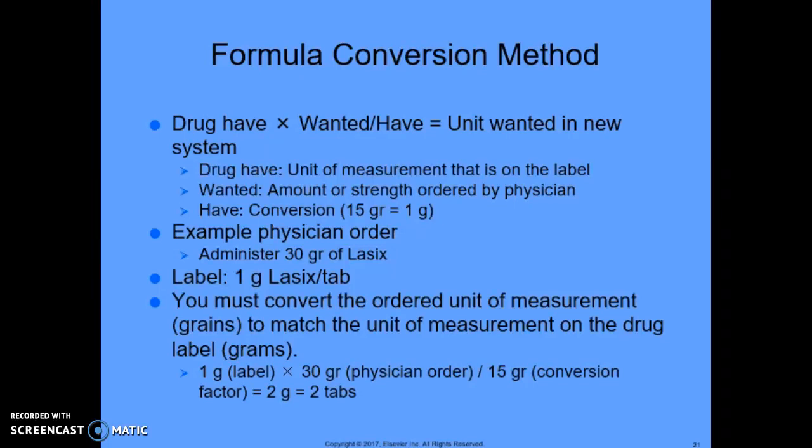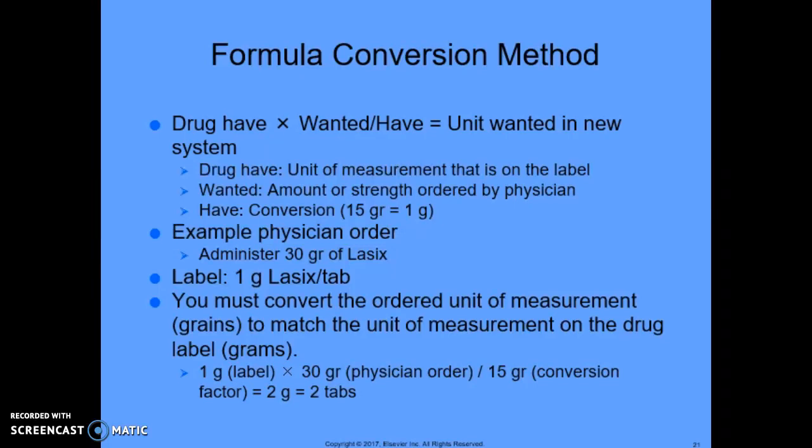So the example here is the physician order is to administer 30 grains of Lasix. And on the label, we have 1 gram tablets. Again, you must know the conversion that 15 grains equals a gram. And then you must convert the order, so grains, to match the unit of measurement on the drug label, which is grams.